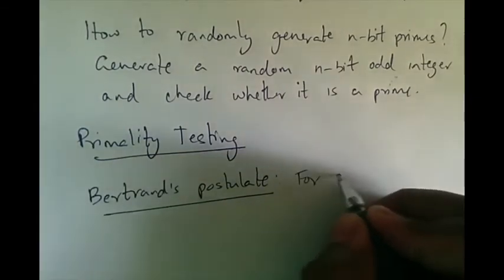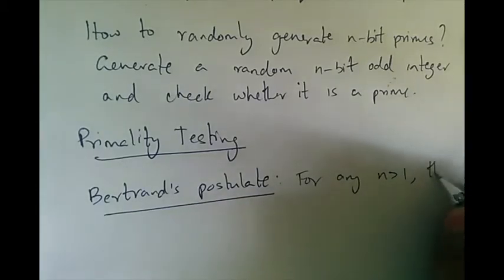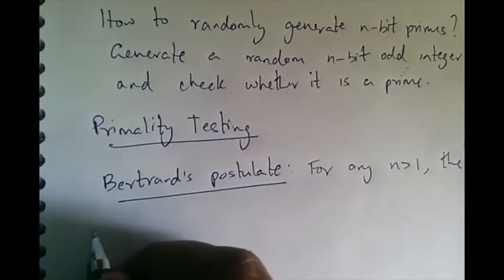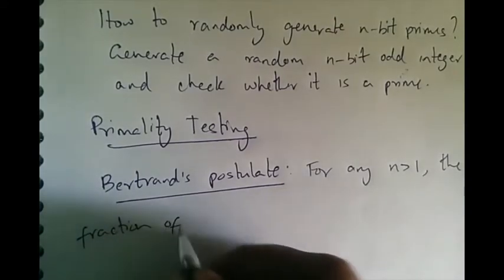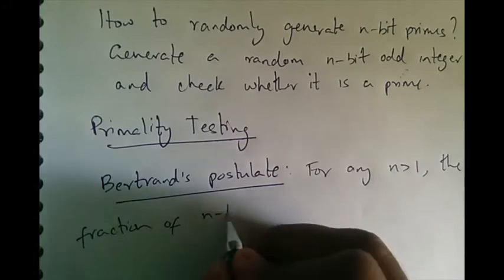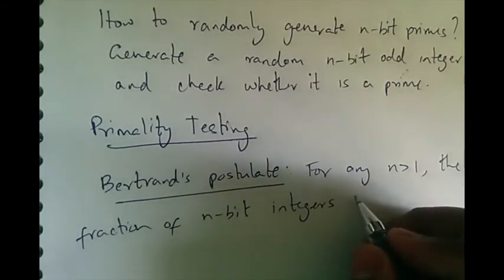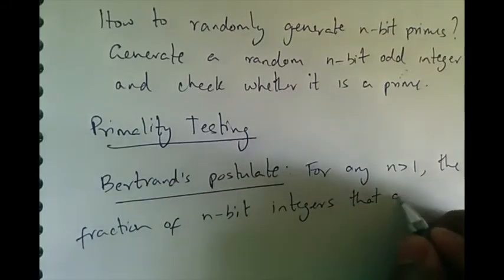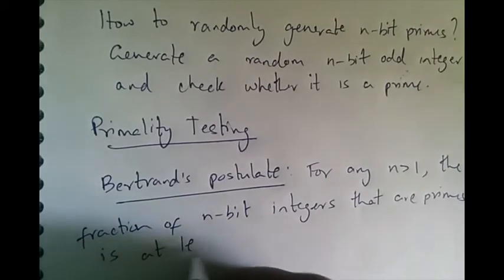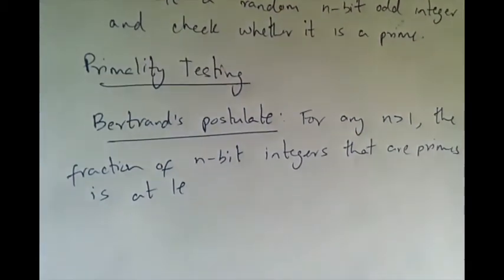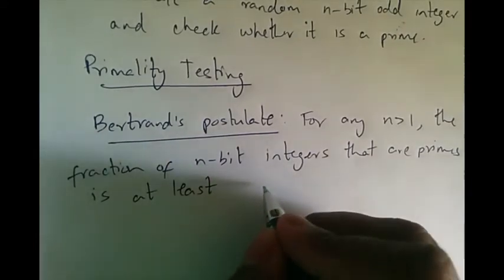For any n greater than 1, the fraction of n-bit integers that are primes is at least one over 3n.